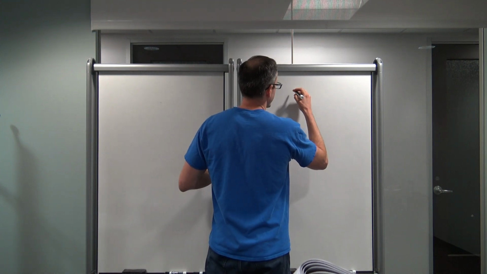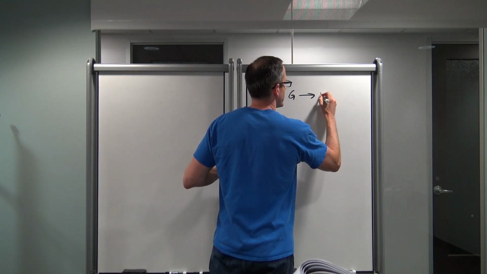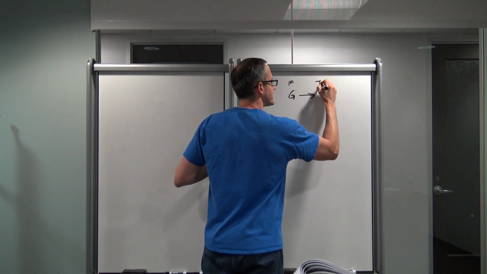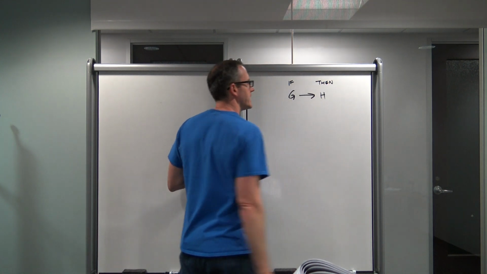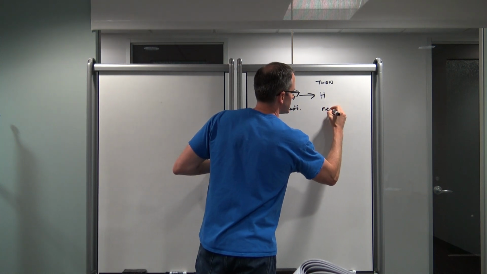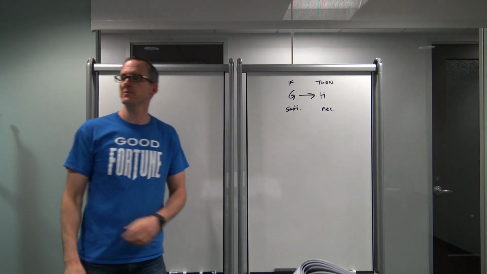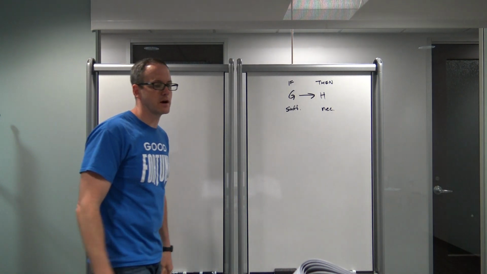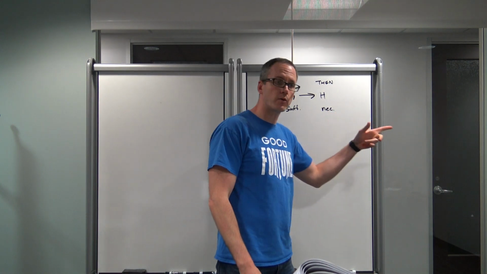You know, if I go golfing, then I will hate myself, right? So that's an if clause and that's a then clause. And this is called the sufficient condition, and this is called the necessary condition. Sound good? And we do need to know those terms because on the LSAT, you will see these terms in flaw questions.